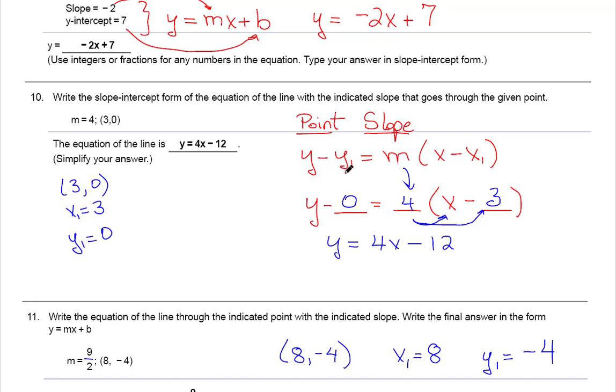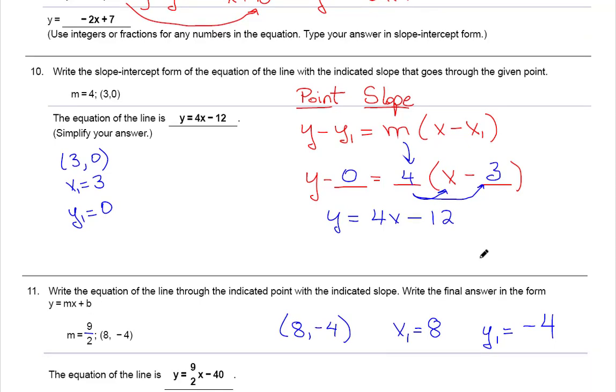So let's see. y1 is here, that's 0. x1 was 3, got that. The minuses are part of the formula, and m is 4. Y minus 0 is y, and now when you distribute 4x, 4 times -3 is -12. So that's the actual equation of my line in slope-intercept form.